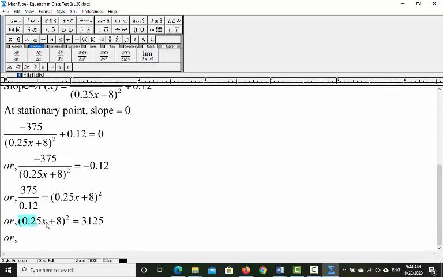So now I will take square root on both sides. If you take square root on both sides, what we will have is root over 3125.